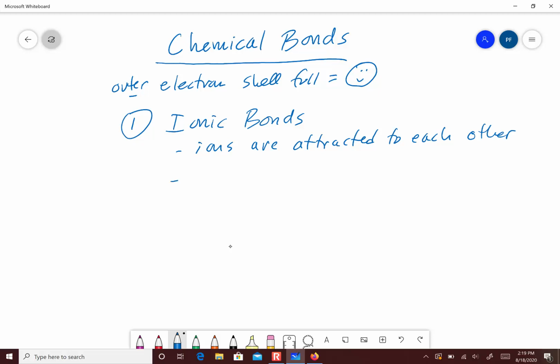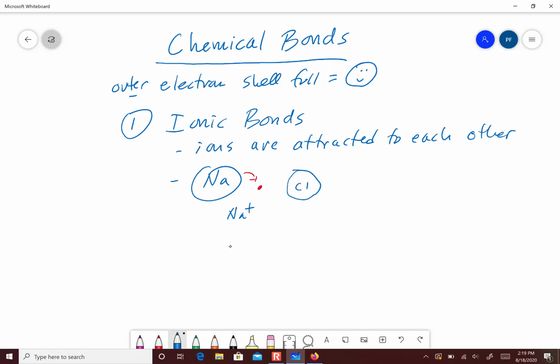So remember, I'm not going to draw all the atoms here, but remember we had sodium that kicked off an electron, right, which made it Na plus. Well, when we kick off an electron like that, we don't really want it just hanging out on its own somewhere. We want to put it somewhere. And it just so happens that we have some atoms that have space for one electron in their outer shell.